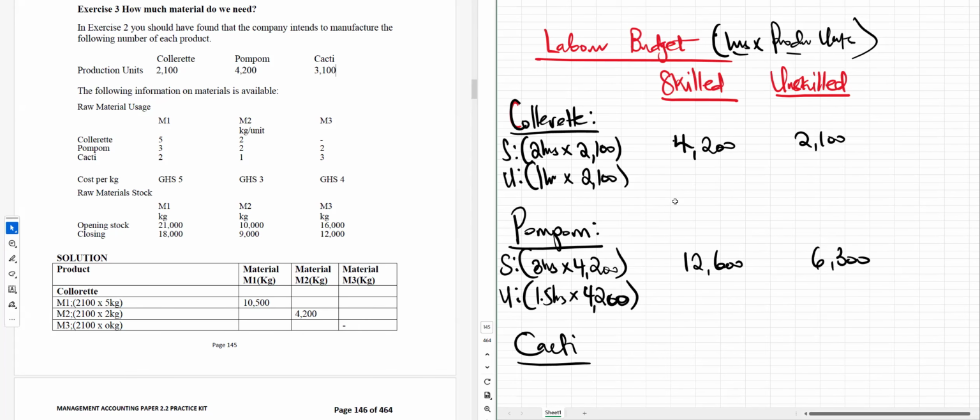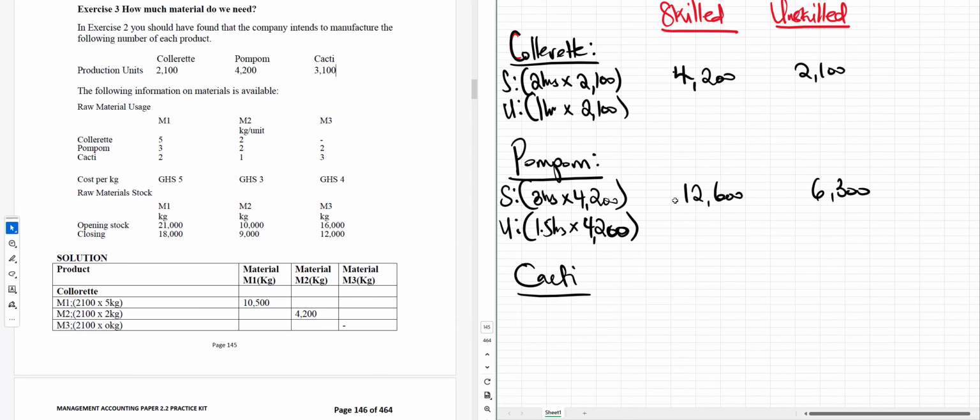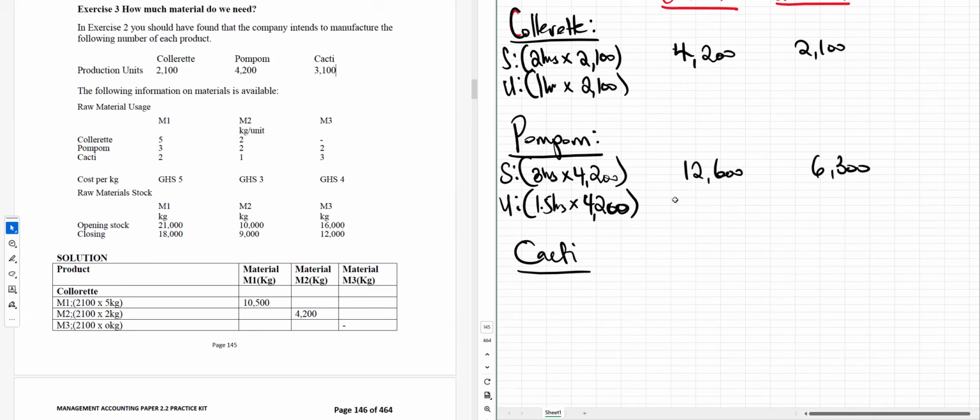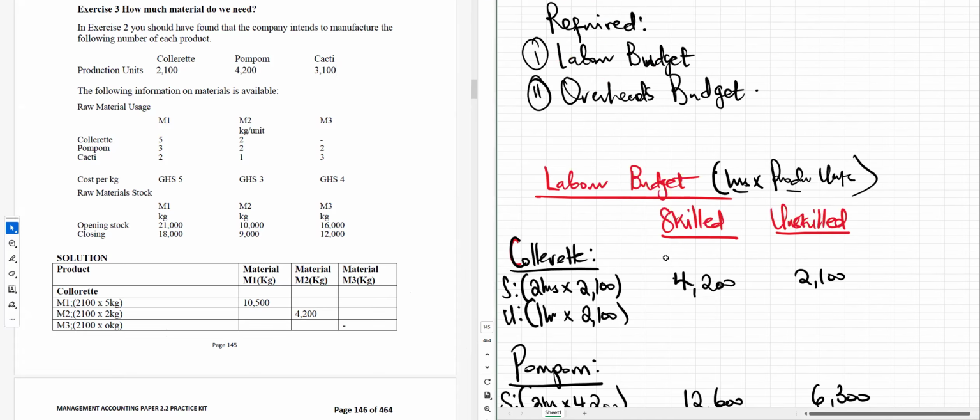Is this difficult? What if there was idle time? What do you do to it? Idle time is also a loss. Anytime there are losses, we gross them up and add it back. So if the total labor hours were 4,000 and there was idle time of 500 hours, you just add back the 500 to get the gross.